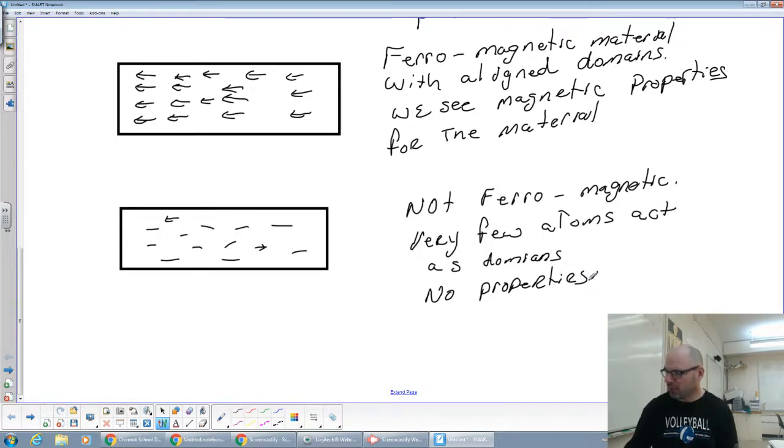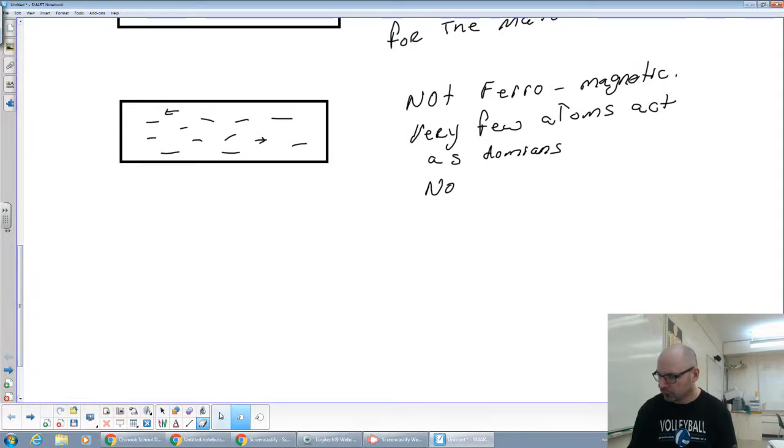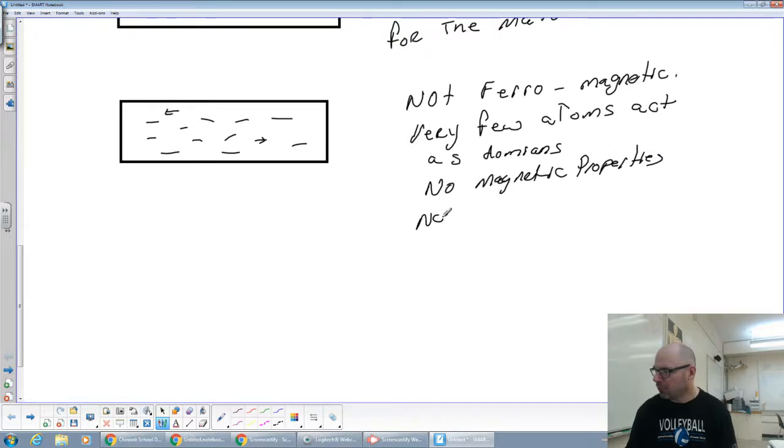And no properties, or sorry, magnetic properties, pardon me. And no ability to induce a magnetic field, or induce alignment either.